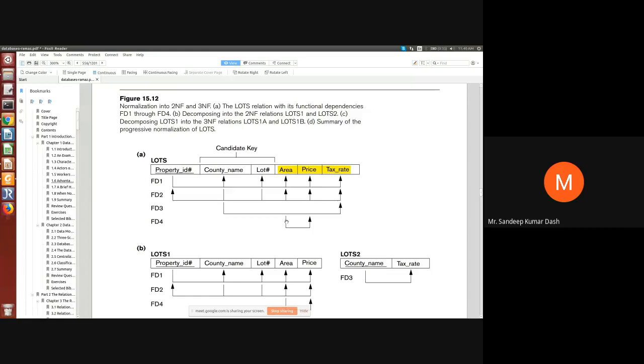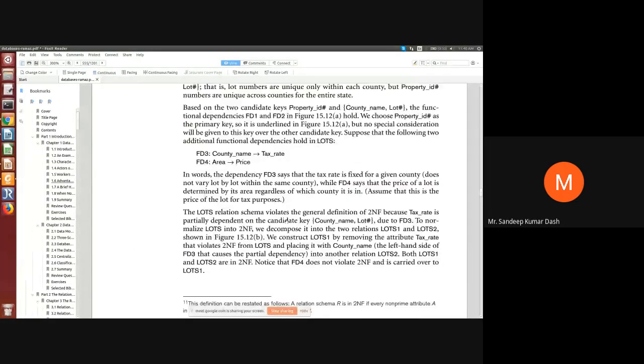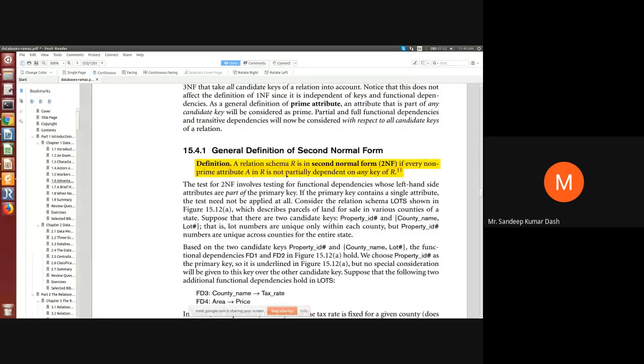Yeah, but the definition says that every non-prime attribute of A is not partially dependent on any key of R. That means if it is dependent on any key, it should be full functional. It should not be partial functional. See the definition clearly.